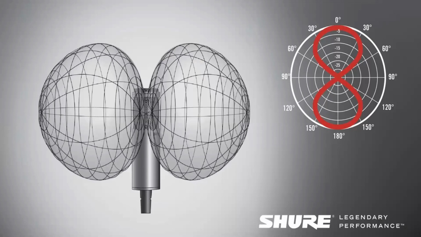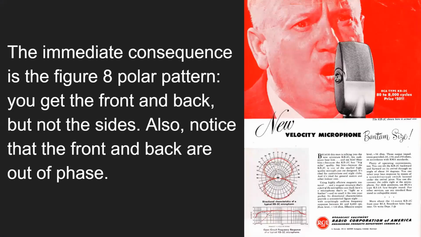One of the great things about figure eight mics is they have a much tighter rejection. So if you talk into the side of a figure eight mic, it will probably not be picked up. It has much better performance than a lot of cardioids. The other thing is that the front and back, because this thing is moving forward and back, is going to be out of phase.